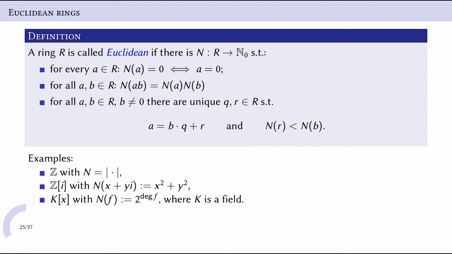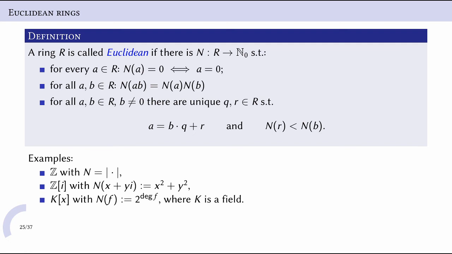Here we see that the remainder of the division always has degree smaller than the degree of b, but the degree is not multiplicative, so we change it, and the norm is 2 to the degree, so that way it preserves multiplication. Of course, these are not all the examples.